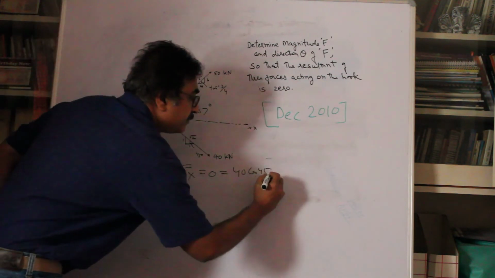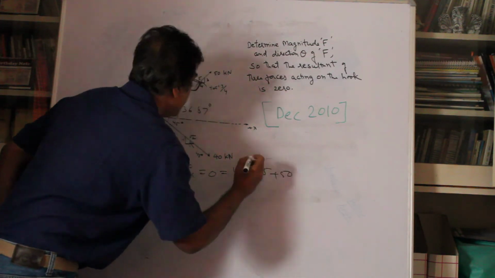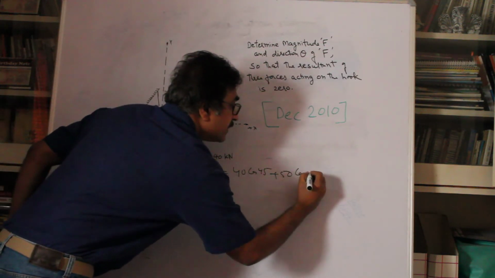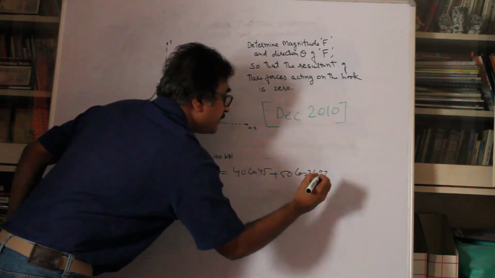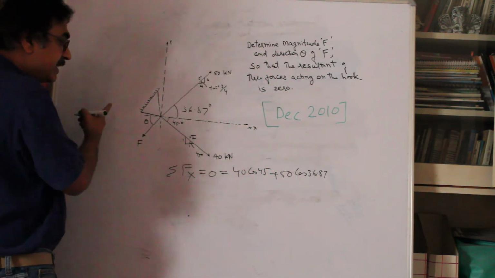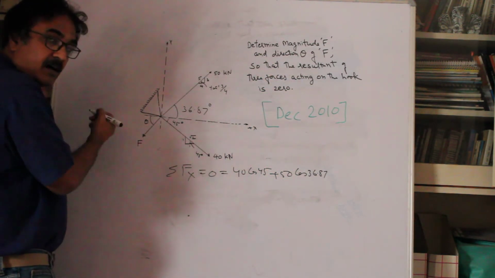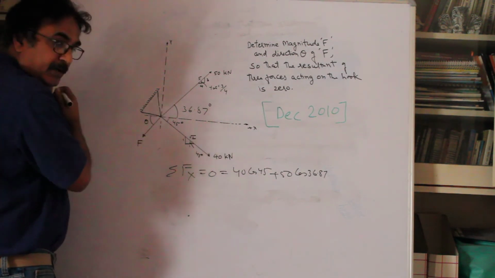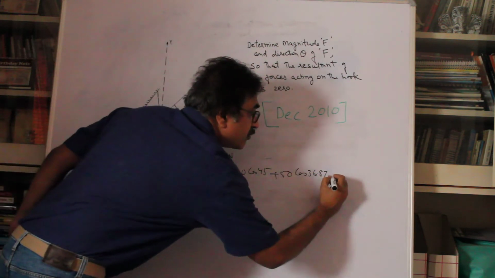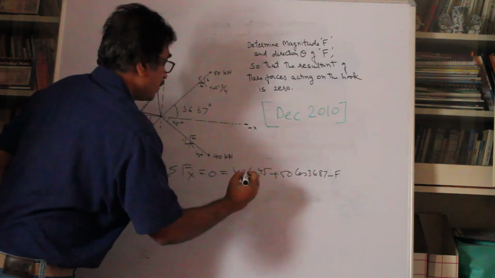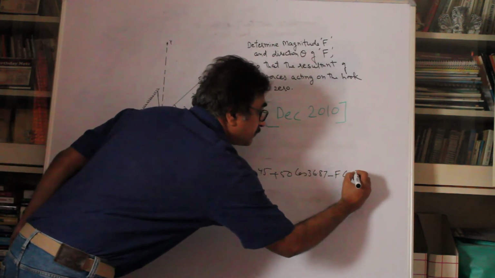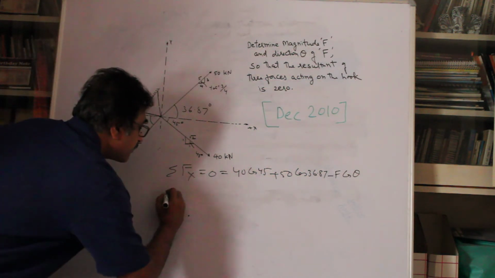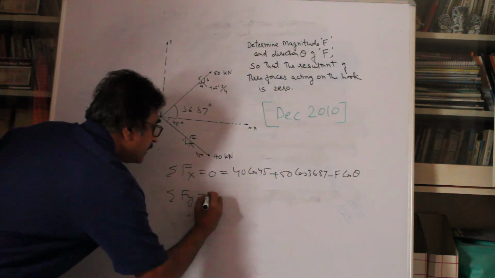Then plus 50 cos 36.87, this is the second force. And this force F will be resolved along the negative x-axis because it will be towards left. So this is going to be minus F cos theta.